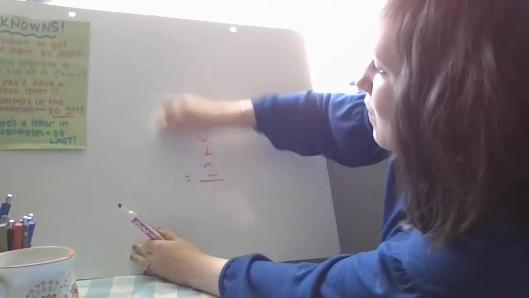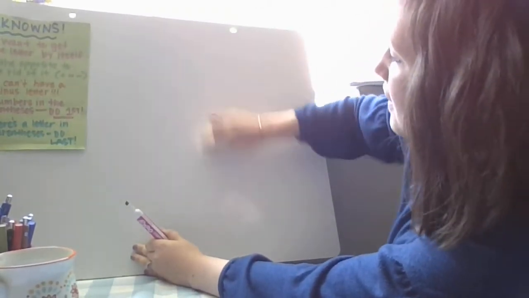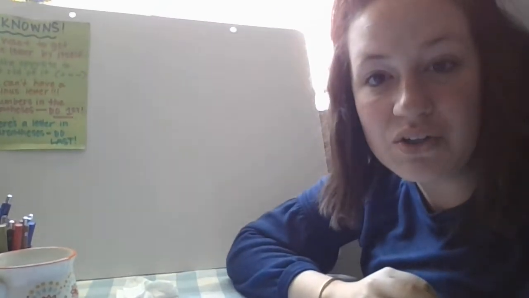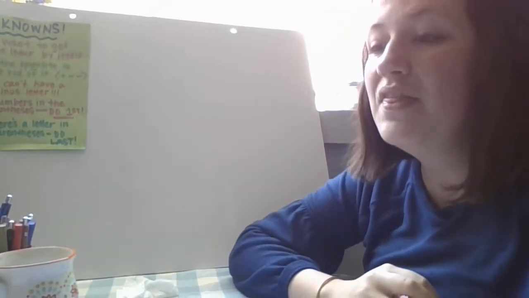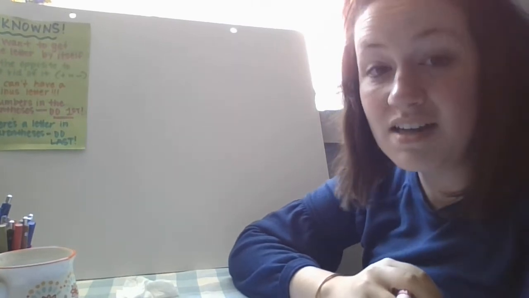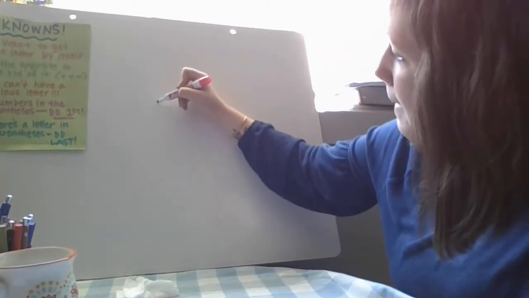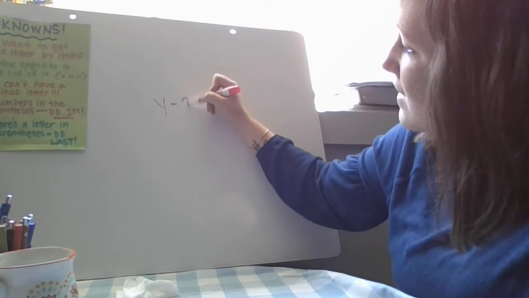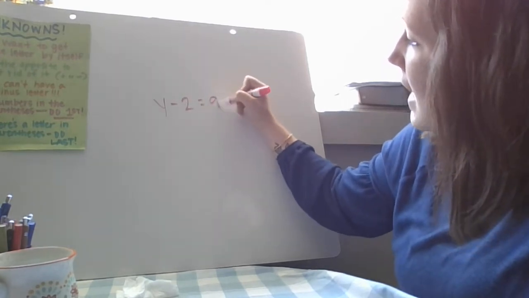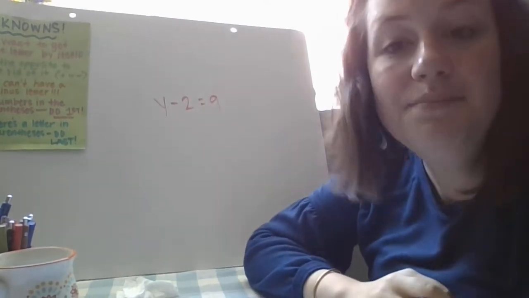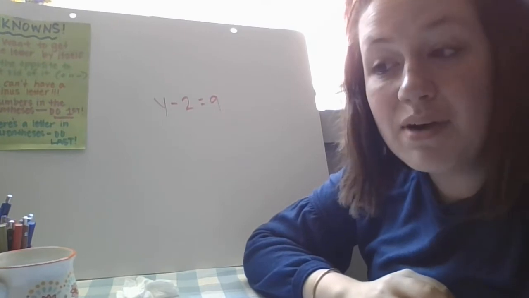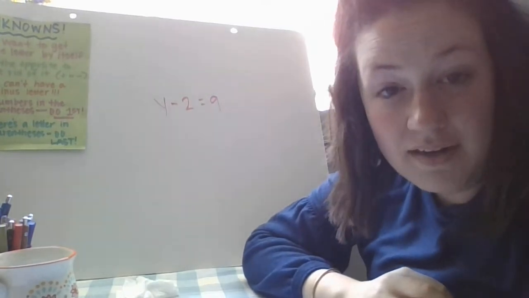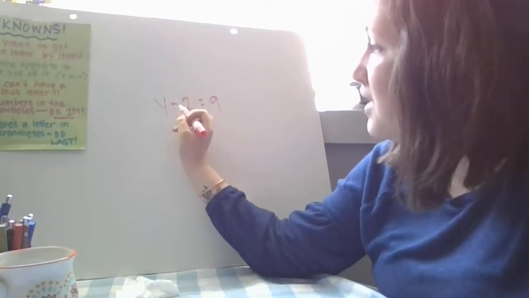So that's one thing we're going to do today to practice. The other thing I want to show you today is when there is a letter minus a number. So let's say y minus 2 equals 9. Okay? Before, to get rid of something, we had to minus it, right? But that was because there was a plus here.